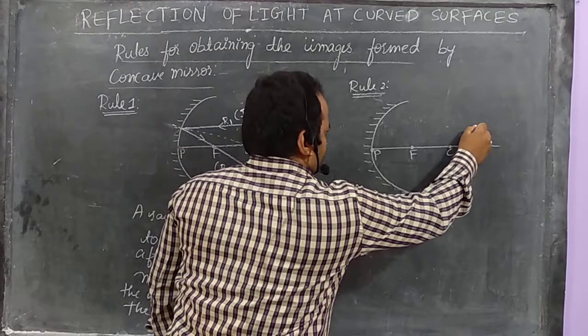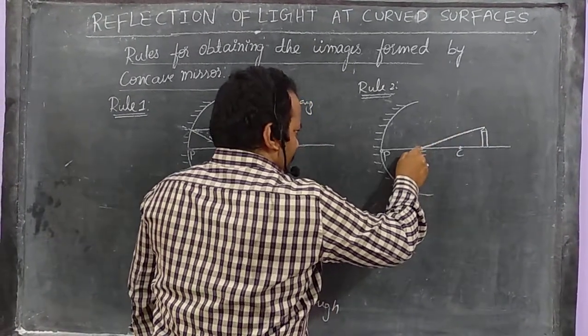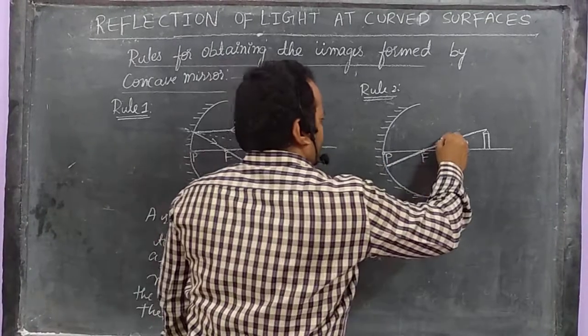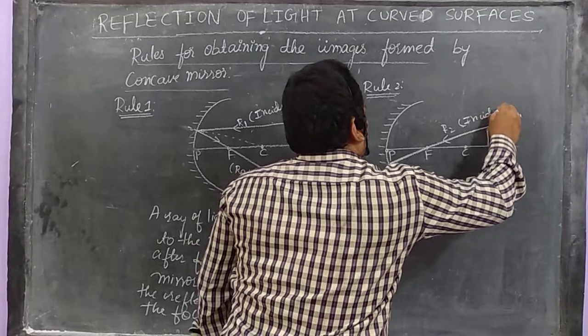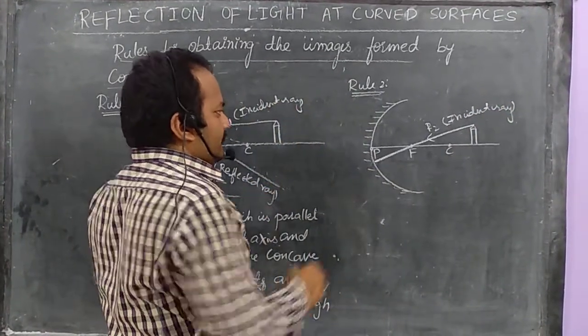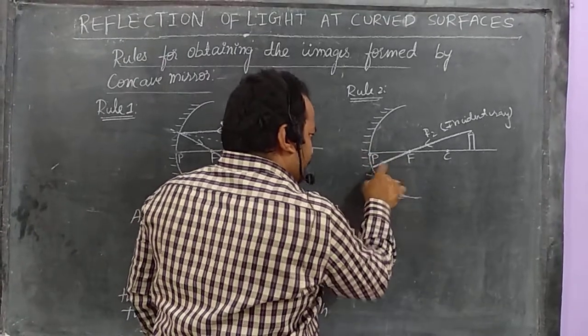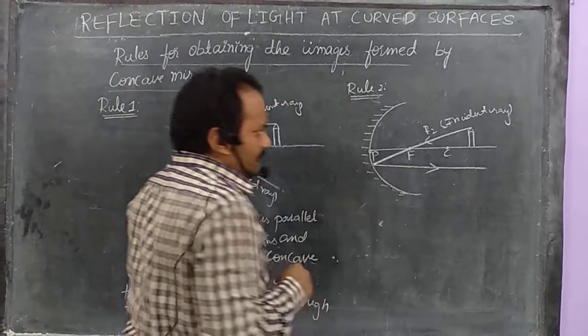Rule 2 means, once again let us assume one ray is coming. See, now this incident ray, which passes through the focus, and after falling on the concave mirror, it reflects, and the reflected ray will be parallel to the principal axis.